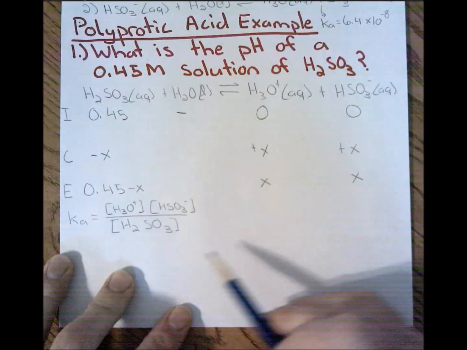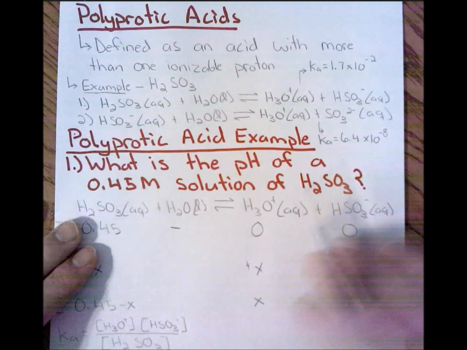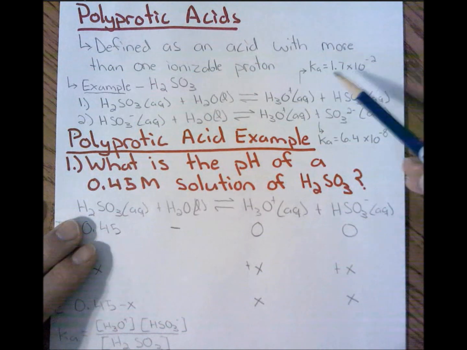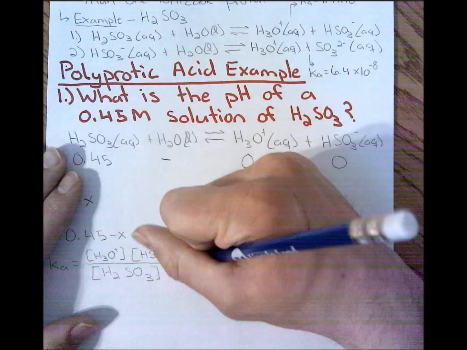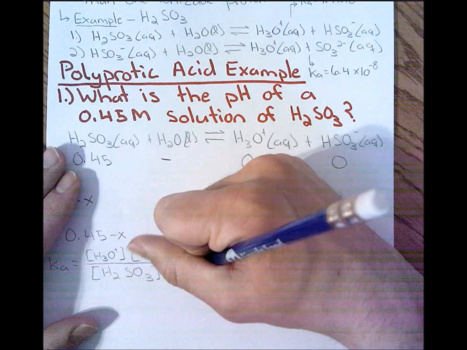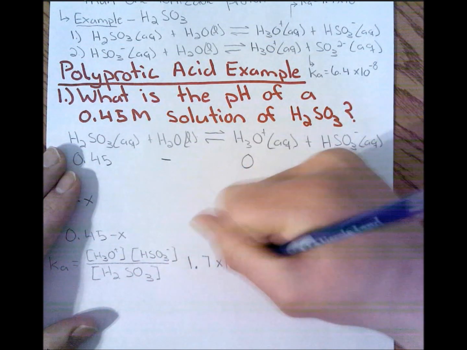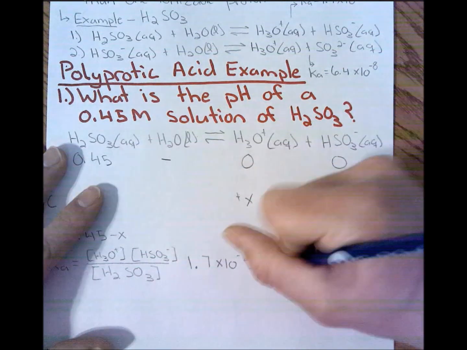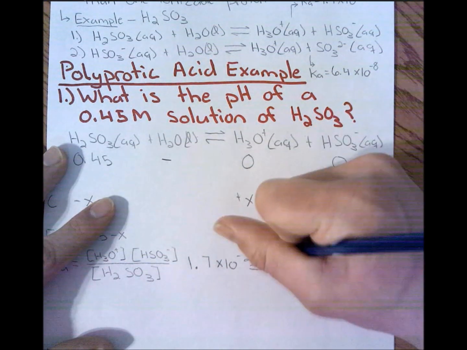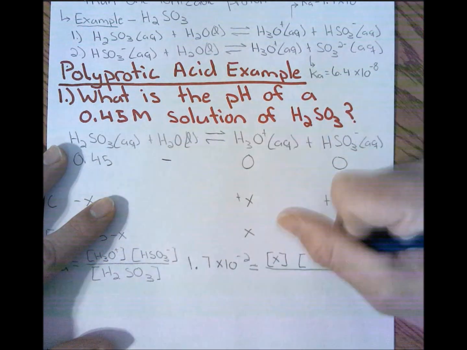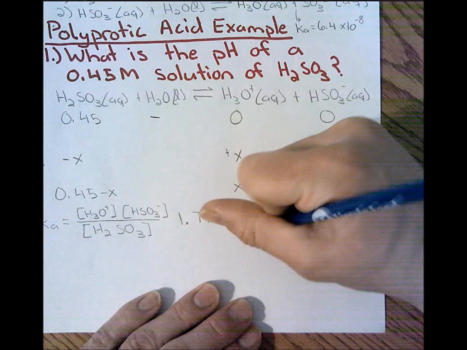So I'm going to insert 1.7 times 10 to the negative second, and this is going to be equal to our equilibrium concentration of H3O, which is X, times our concentration of HSO3, which is still X, all divided by 0.45 minus X, which is that equilibrium concentration for H2SO3.